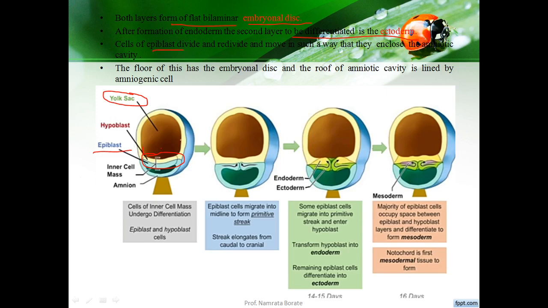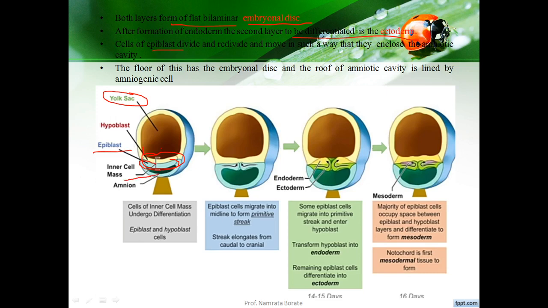This is the cells of the epiblast. The cells of the epiblast divide, redivide and move in such a way that they enclose the amnion cavity.